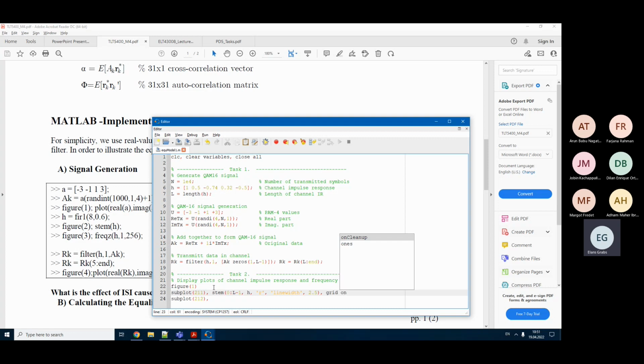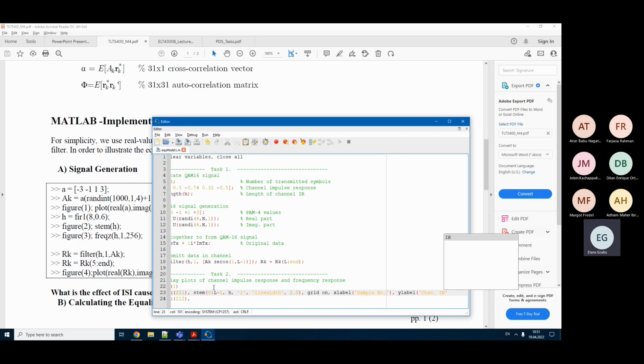X label, so that would be sample number. Y label, that would be channel impulse response.